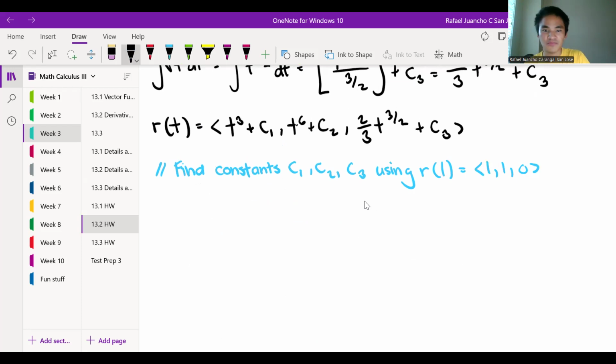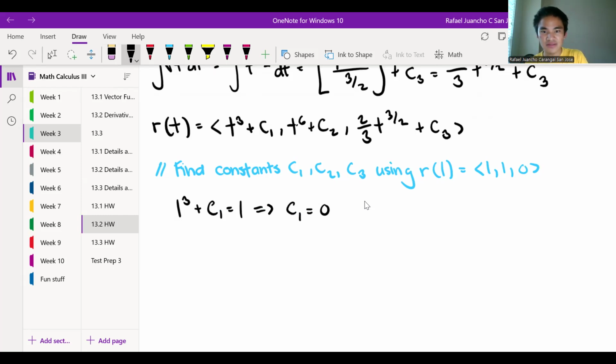And so we say, well, t cubed plus c1 should be equal to 1 when t is 1, right? So when we do r of 1, t cubed plus c1 becomes 1 cubed plus c1. And this is apparently equal to 1. So here we say c1 is 0. So now we found our first constant.